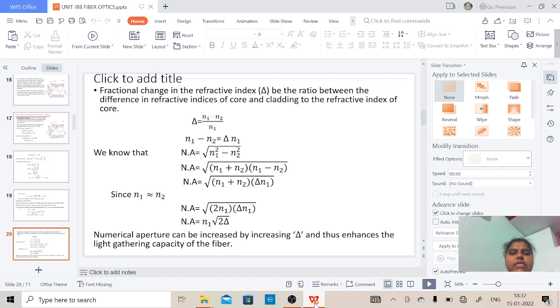We can write it as (a plus b) into (a minus b), and the a minus b value becomes delta n1. Since n1 is nearly equal to n2, we consider both as n1. So numerical aperture can be increased by increasing delta, and thus enhances the light gathering capacity of a fiber.